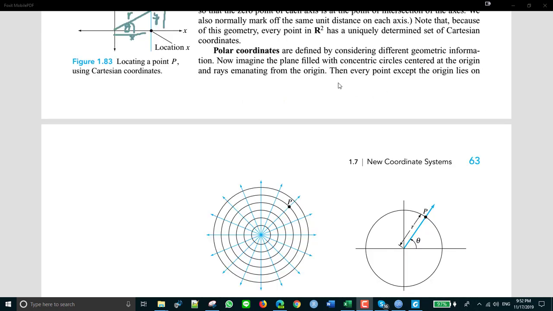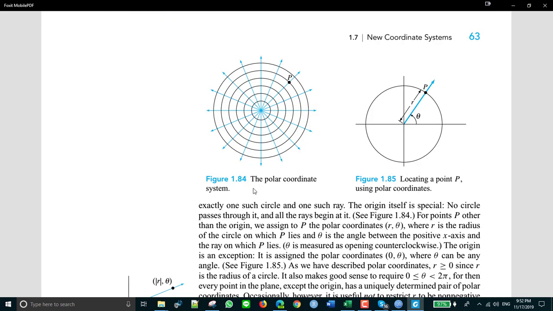So the book says every point except the origin lies on exactly one circle and one such ray. Right? So here's a point. It lies on just one of the circles and one of the rays. And of course, they say that theta is measured as opening counterclockwise. Of course, that's true, right?